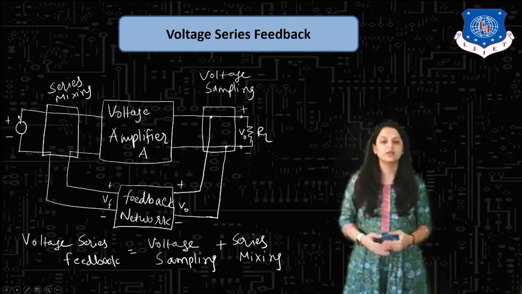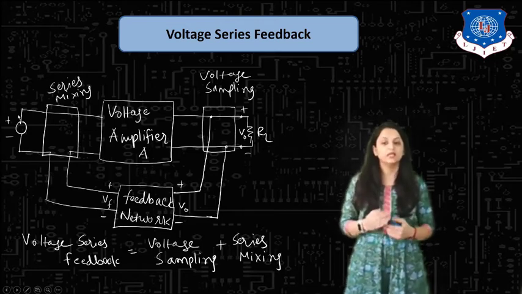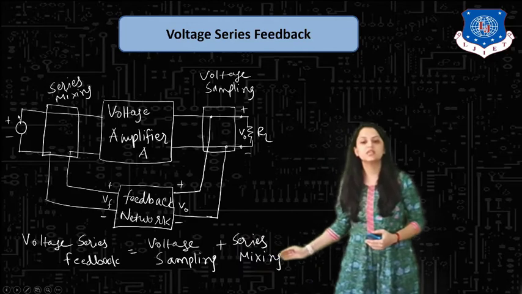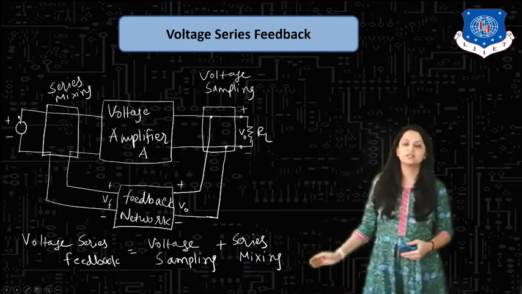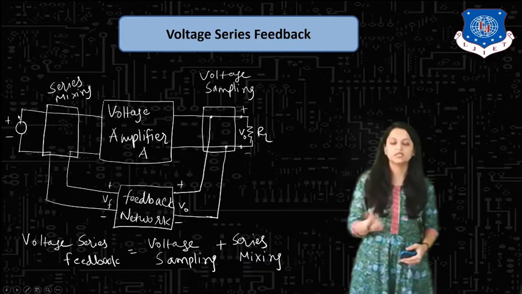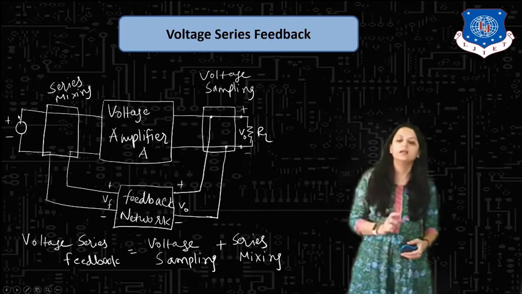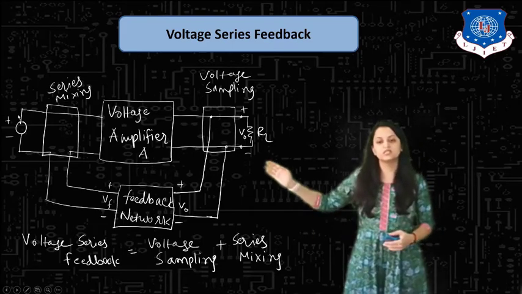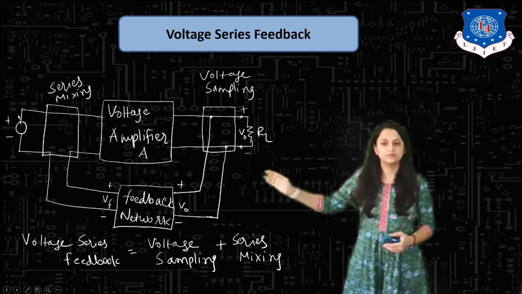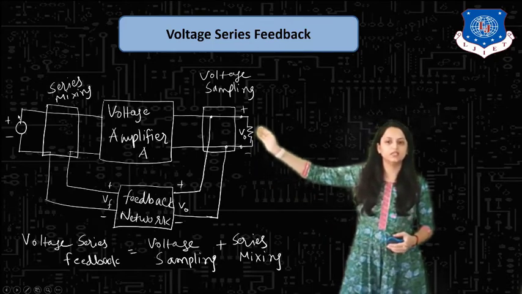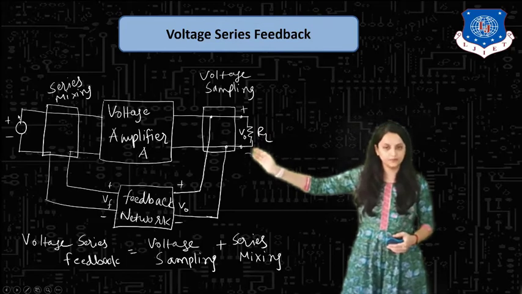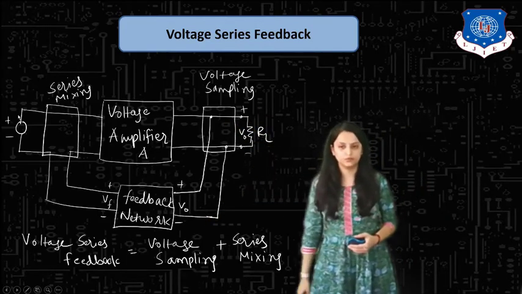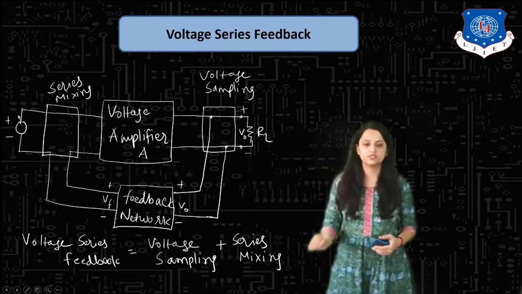Voltage series feedback means we are taking voltage sampling plus series mixing. As you can see from the diagram, series mixing is done at the input side and voltage sampling is done at the output side, and this is taken back to the feedback network. Here Vf is the feedback voltage.